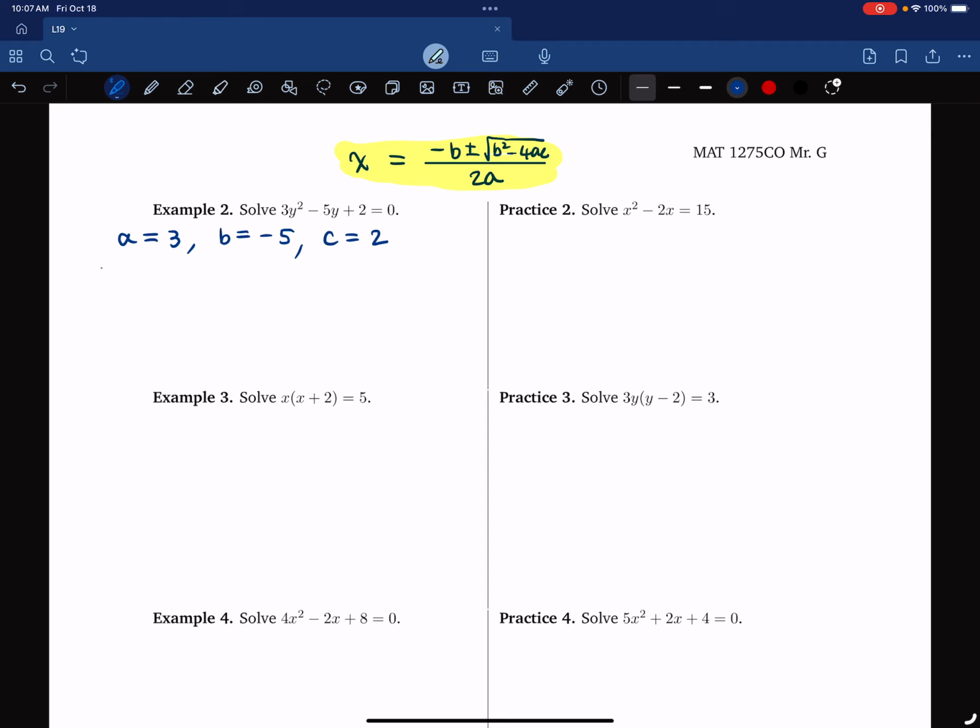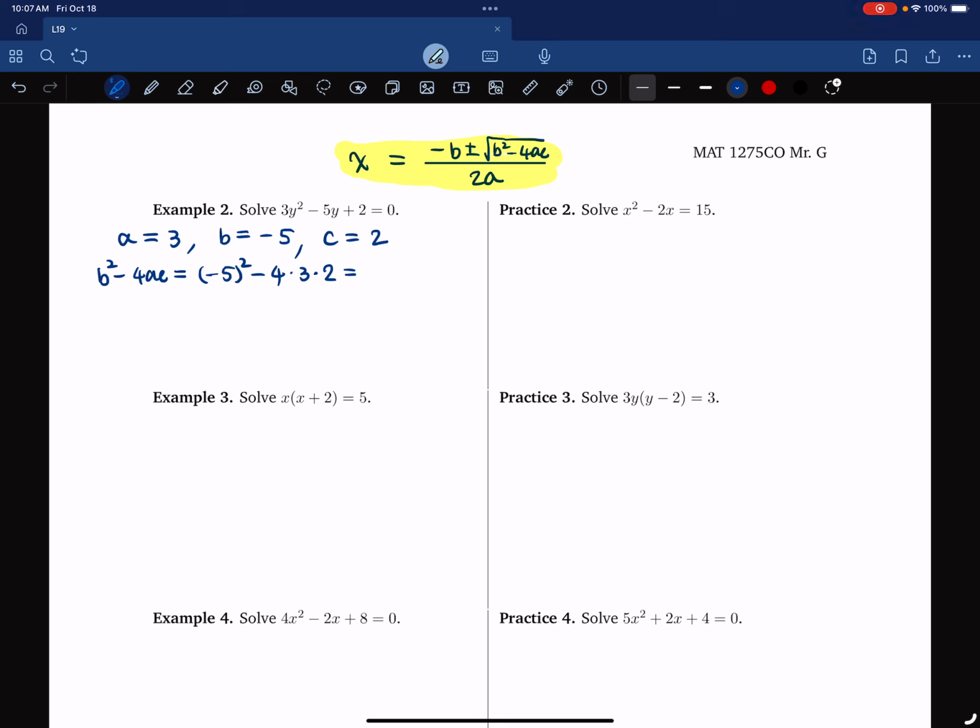What I like to do is calculate this b squared minus 4ac before I plug them into the formula. It's just a personal preference. Let's calculate that. b squared, so that would be -5 squared, minus 4 times a, 3, times c, 2. And this you could enter into your calculator and get the result.